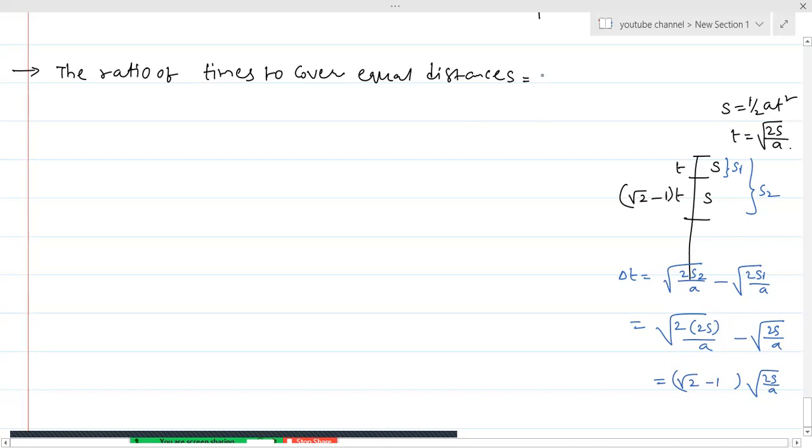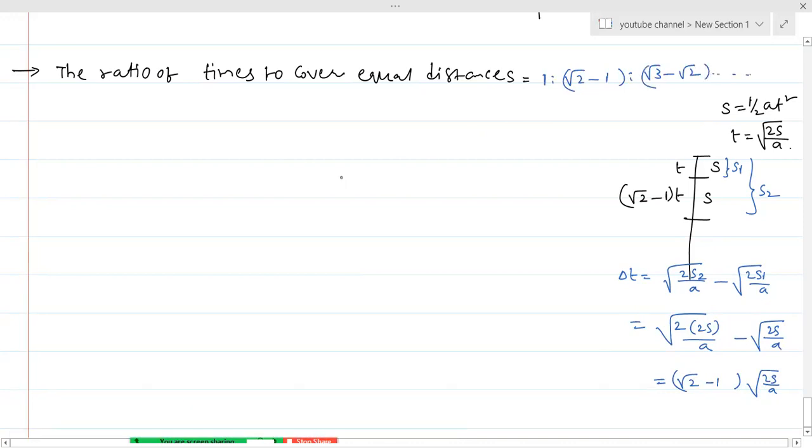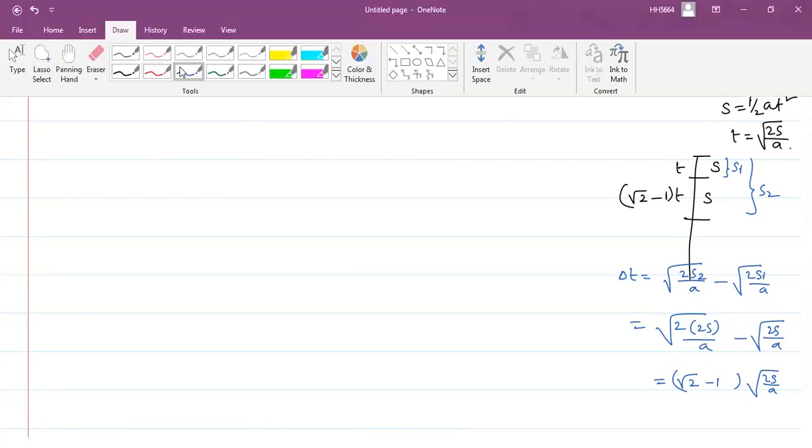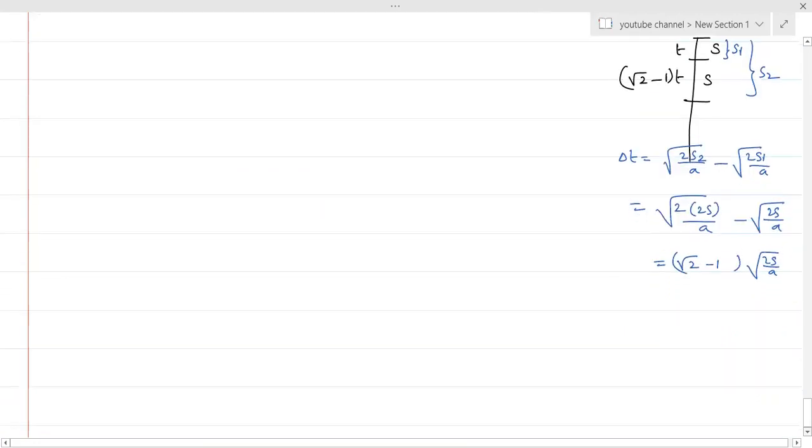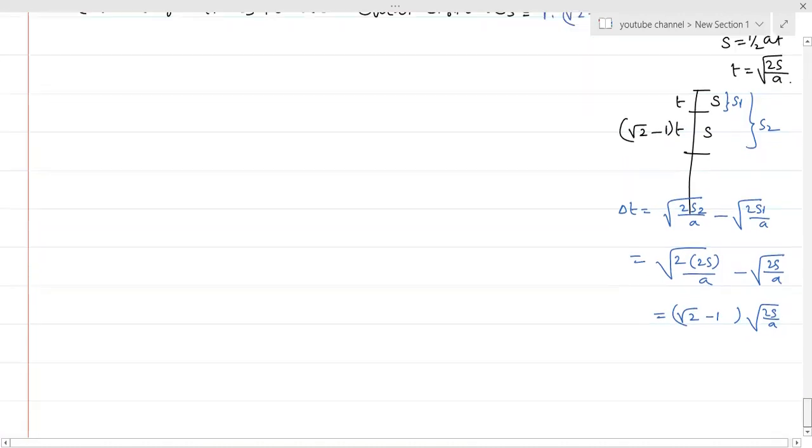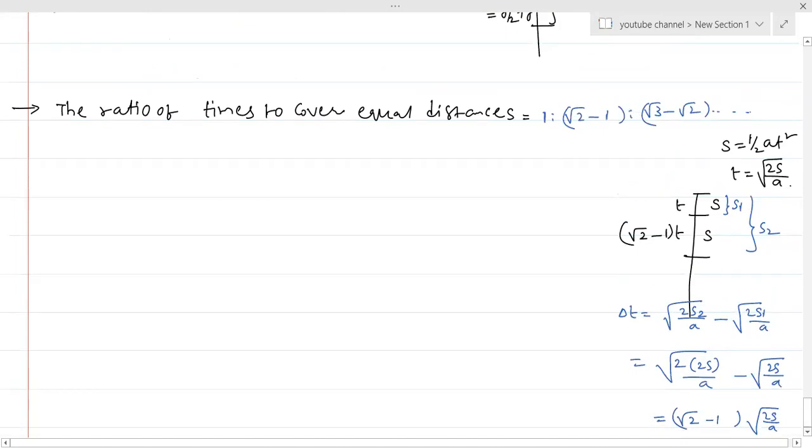That's why we have the ratio of times as 1 is to root 2 minus 1 is to root 3 minus root 2, and so on. The ratio of times to cover equal distances is 1 is to root 2 minus 1 is to root 3 minus root 2. So in this way, we have the discussion.